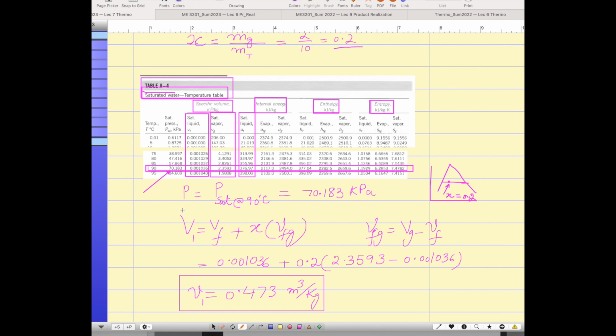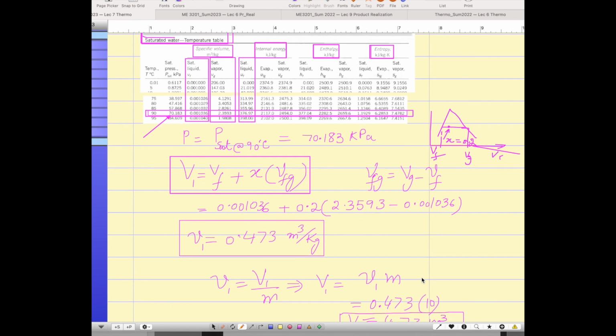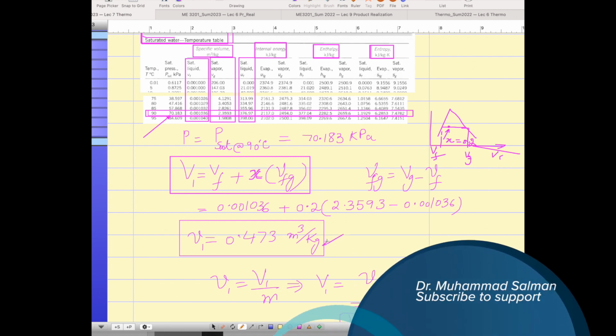To find the total volume of the container, you will use this formula. Vf stands for the volume at this line. This is V, this is Vf, this is Vg, and Vfg stands for Vg minus Vf, the difference between the gaseous vapor and the liquid line. Then you multiply x times Vfg.